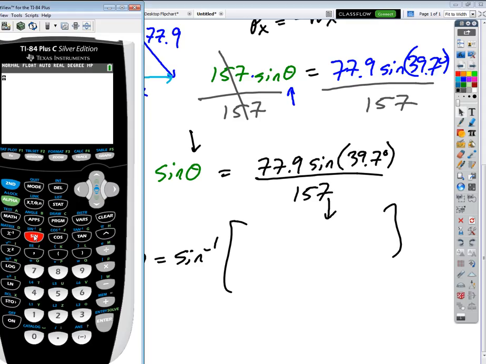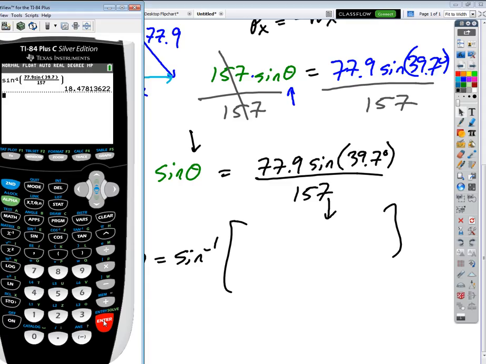Let's use a fraction template to keep it organized. So the inverse sine of 77.9 sine 39.7 divided by 157. Close the brackets. Hit go, and it tells us 18 point.